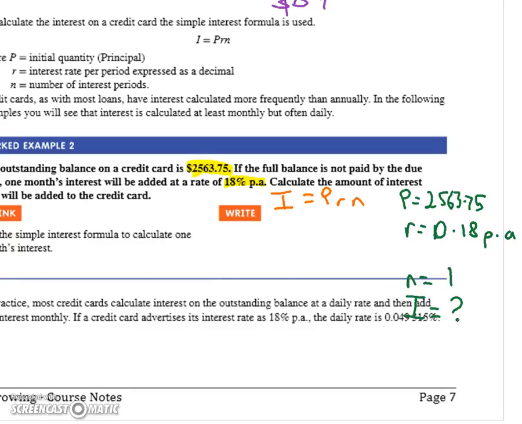Why have I left the gap under the R? What's my interest rate? 18% per annum. How much interest do I want to do? 1 month.